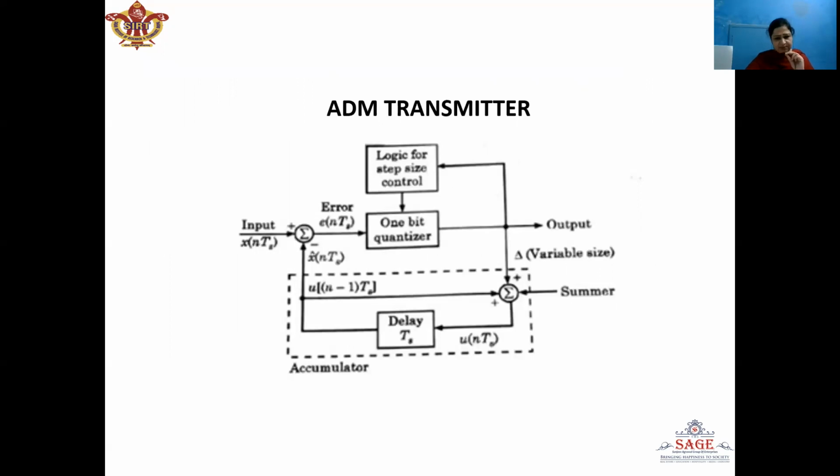Now, in this block diagram, we are going to explain the ADM transmitter. Here we can see the basic block diagram of the delta modulator system where the sampled input is compared with the approximated signal which is generated by using the previous samples. Now the error is given to the 1-bit quantizer.